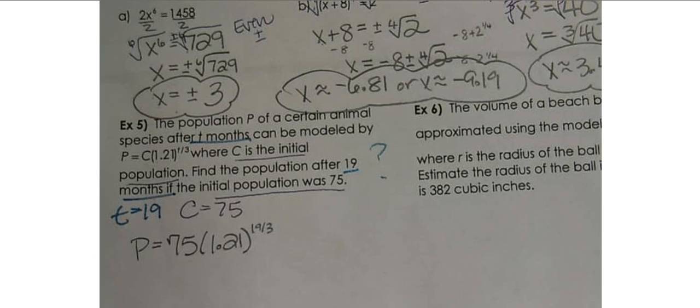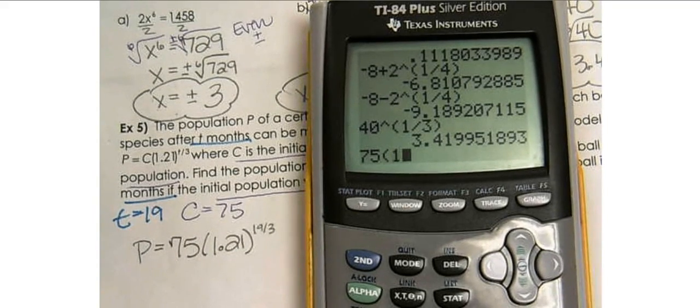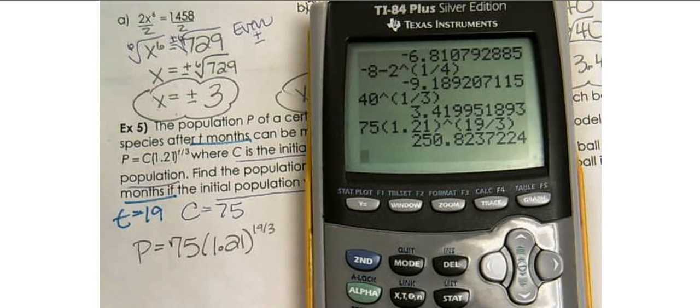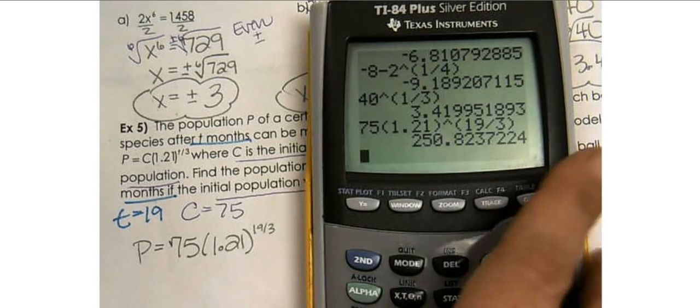So why don't we just put that in our calculator, all right? So let's take 75 times 1.21, and let's raise that to the 19/3. That's all this problem is asking you to do, you guys. And so it says 250.82.